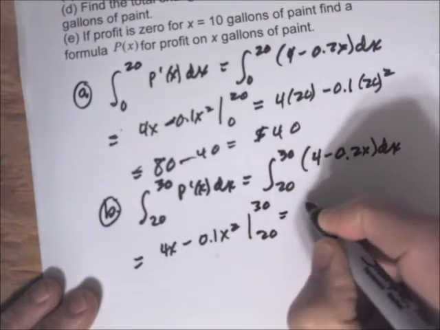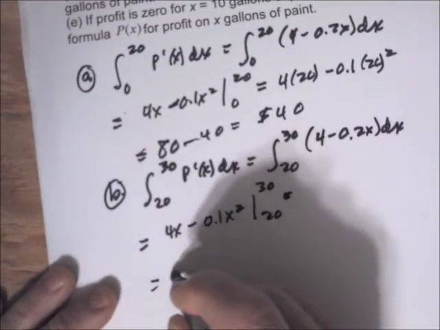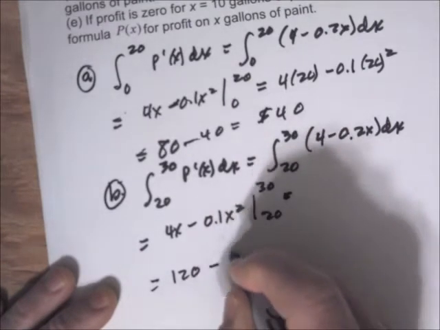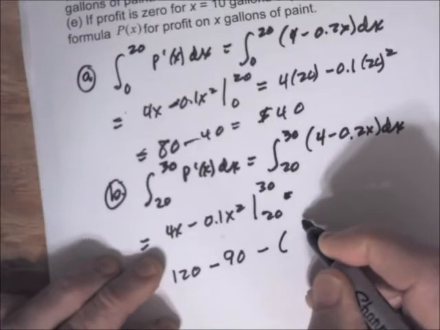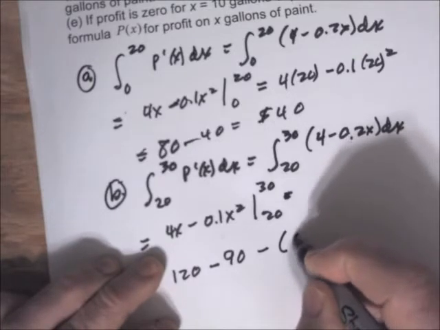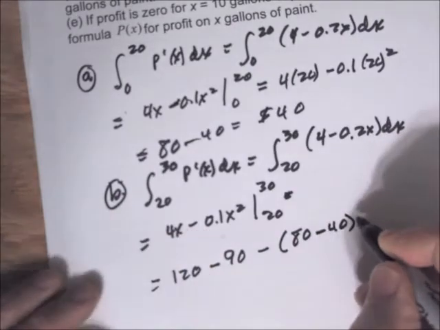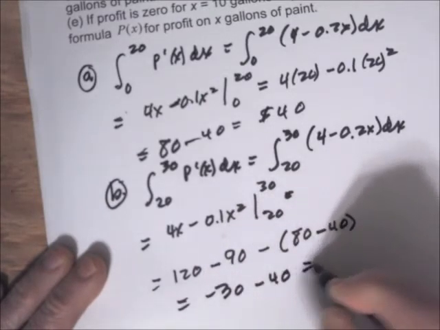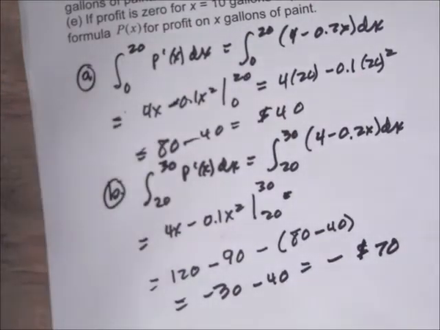If we put in 30, it's 4 times 30 is 120. 30 squared is 900, and then times 0.1 is 90. At the lower limit, we're going to have 4 times 20 is 80. 20 squared is 400, and then times 0.1 is 40. So this will be 30 minus 40, which would be negative 10. Wait, correction: the upper value is 120 minus 90, which is 30, and the lower value is 80 minus 40, which is 40, so the result is negative 10. So the profit goes down between 20 and 30.